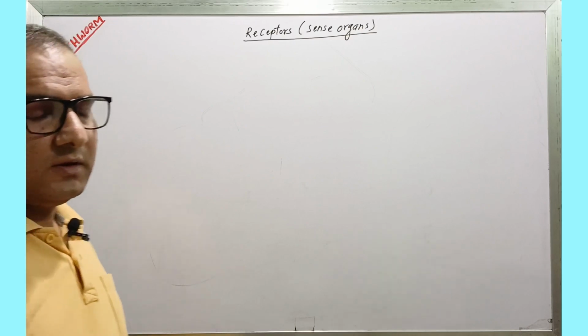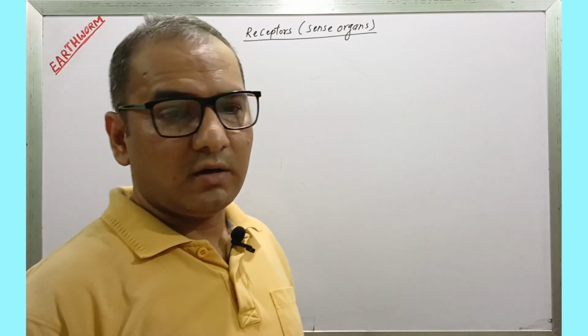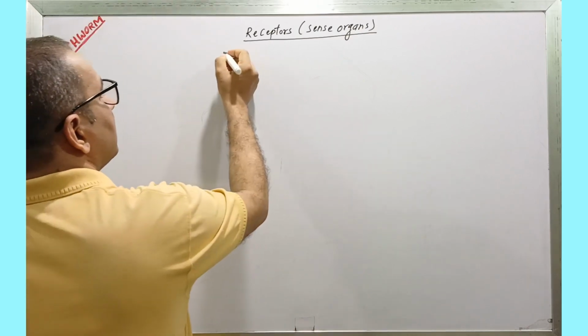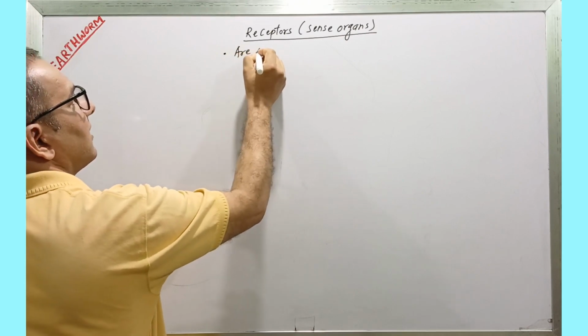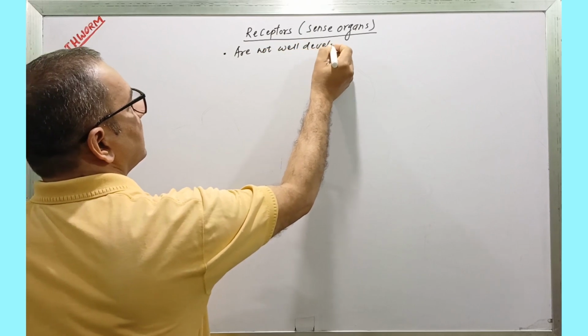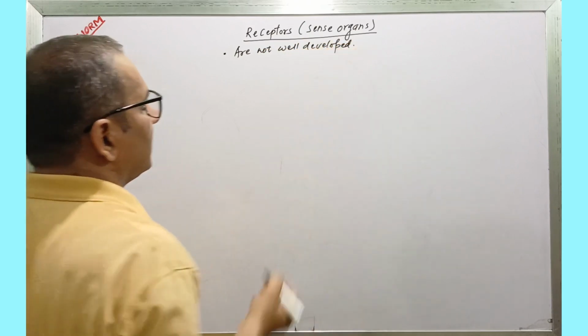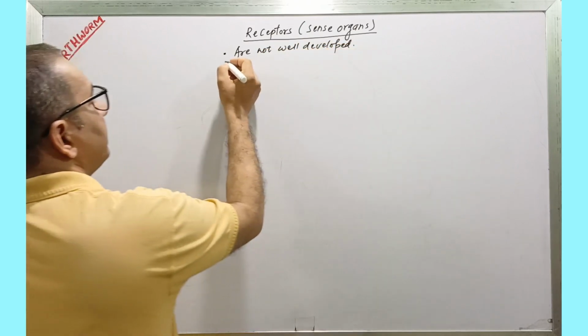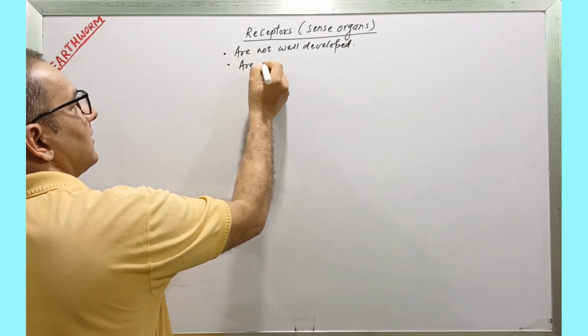In the earthworm, the receptors are not so well developed and are of primitive type.